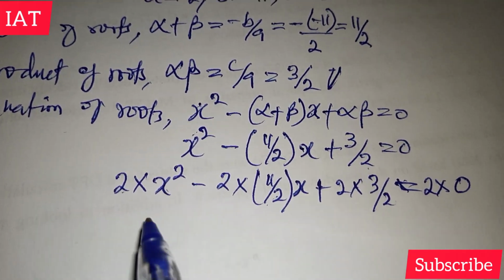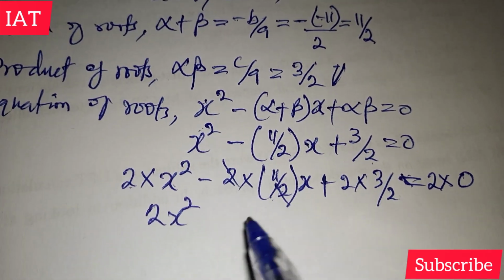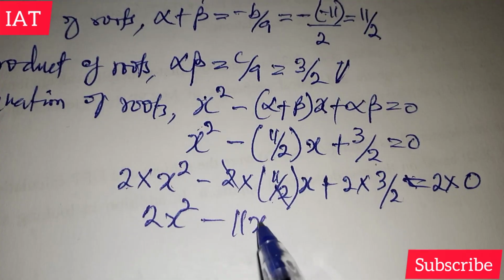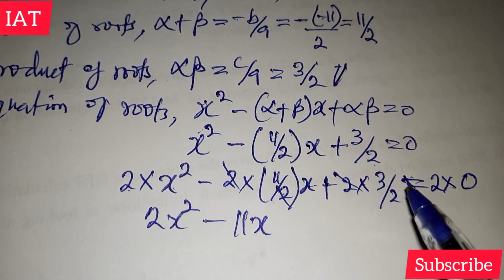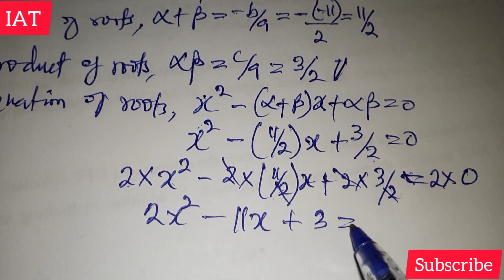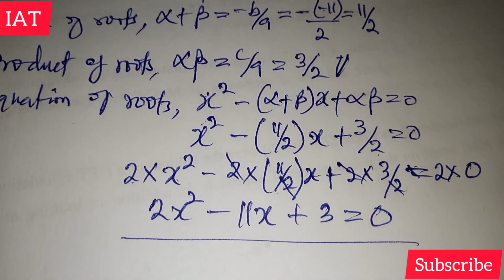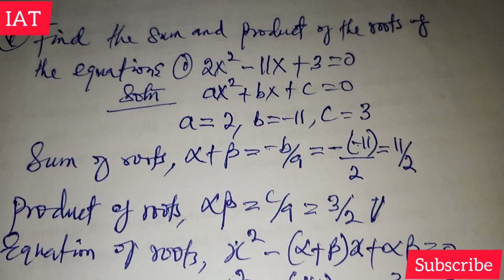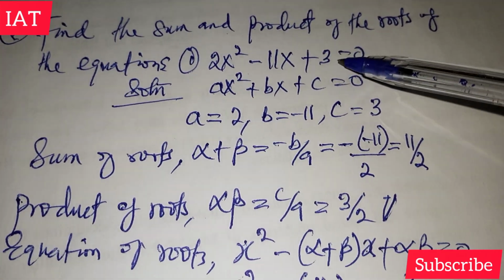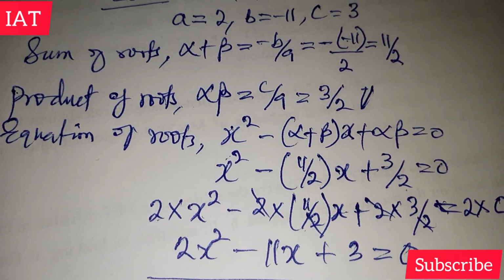So 2 times x squared will give us 2x squared, and this 2 will reduce this 2, so that we have minus 11x. Then this 2 also will reduce this, so that we have plus 3. And of course 2 times 0 is 0. So this forms an equation of roots. And if you go back to the original equation, you can see that it's giving you exactly the equation given to you. So I hope this is simple.